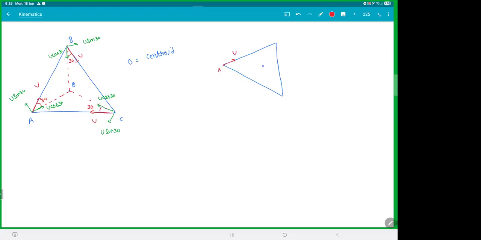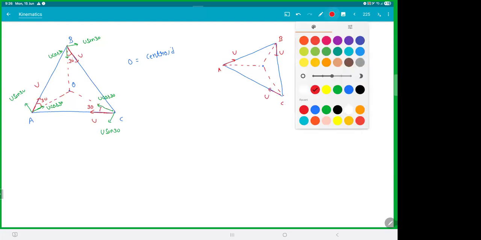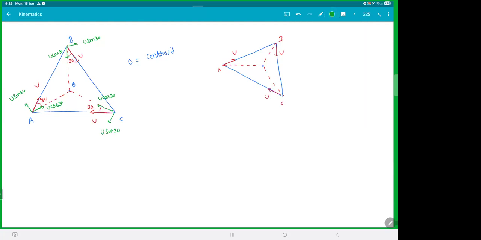Now, if you look at the velocity u, because it's an equilateral triangle, the angles will always be the same. Now, in the exam, you won't do all this. This component will be u cos 30. This component will be u sin 30. So you'll notice something. No matter how much you rotate, the velocity towards the centroid, u cos 30, is always the same, isn't it?